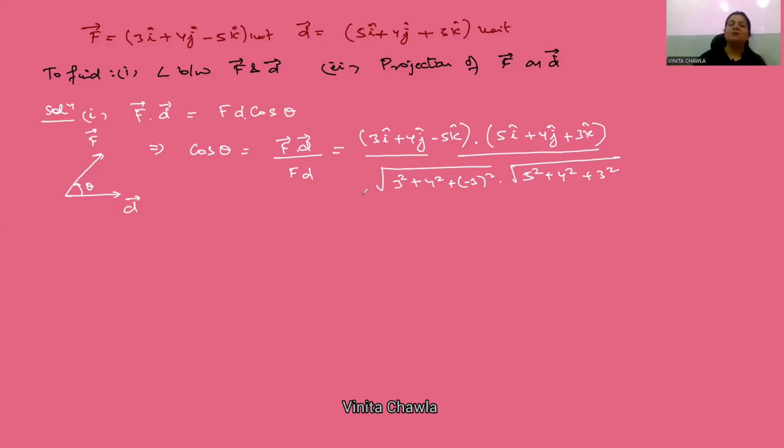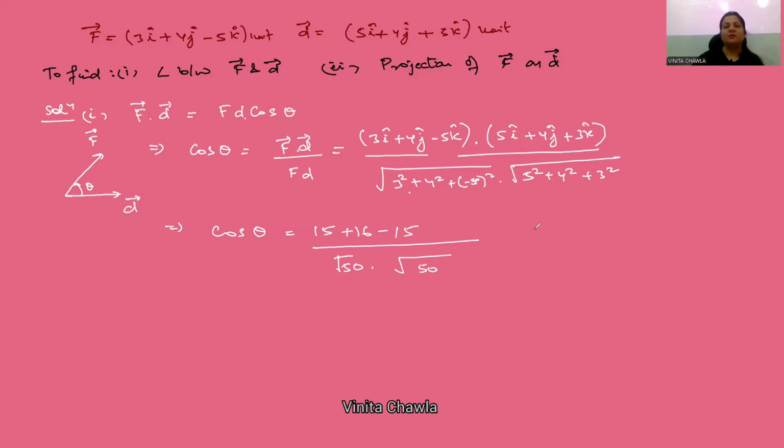When we take the dot product we simply multiply i components together, j together, k together. So 3 5s are 15, 4 4s are 16, plus minus 5 3s are 15, and in the denominator we have 25 plus 9 plus 16, it's 50, √50, and here we have 25 plus 16 plus 9, again √50.